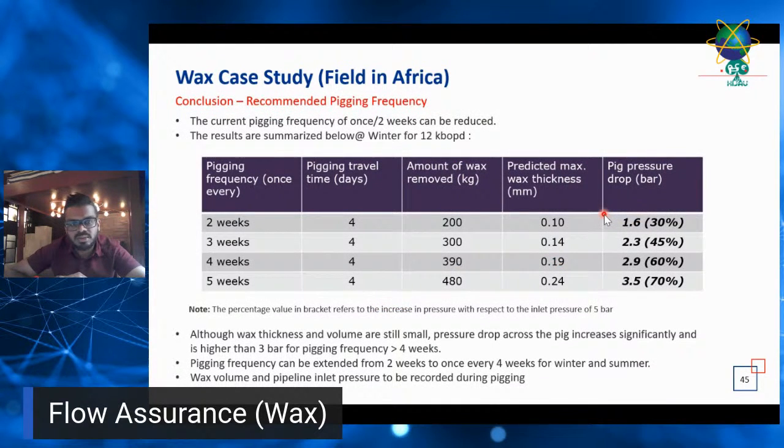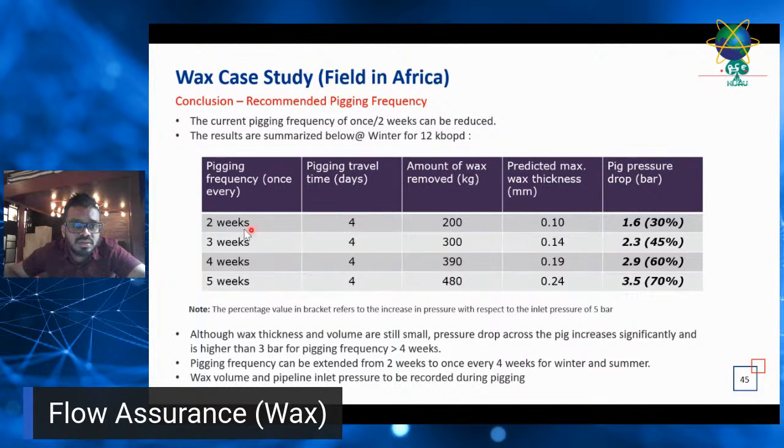So let's look at the recommended pigging frequency. Currently they were pigging every 2 weeks. We did the OLGA simulation and checked the pressure drop across the pig. What we notice is that it only reaches 3 bar when we pig every 4 weeks.